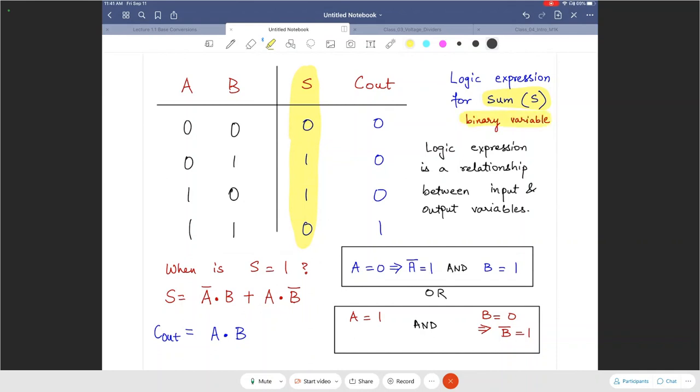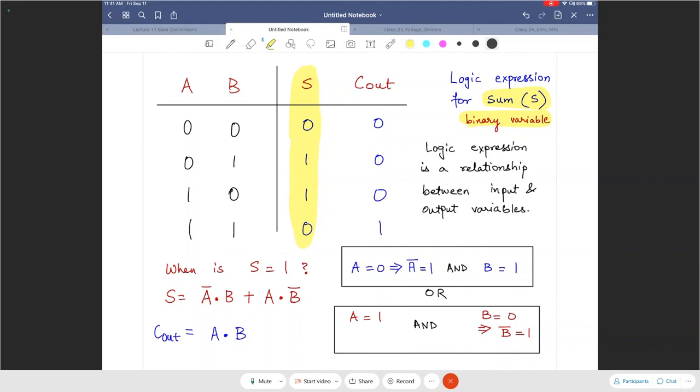A and B are input binary variables. They could have a value of 0 or they could have a value of 1. Now, a logic expression is a relationship between input and output variables. You guys have written a logic expression for Studio 0. That was C equals A and B. That was a logic expression relating the output to the inputs.